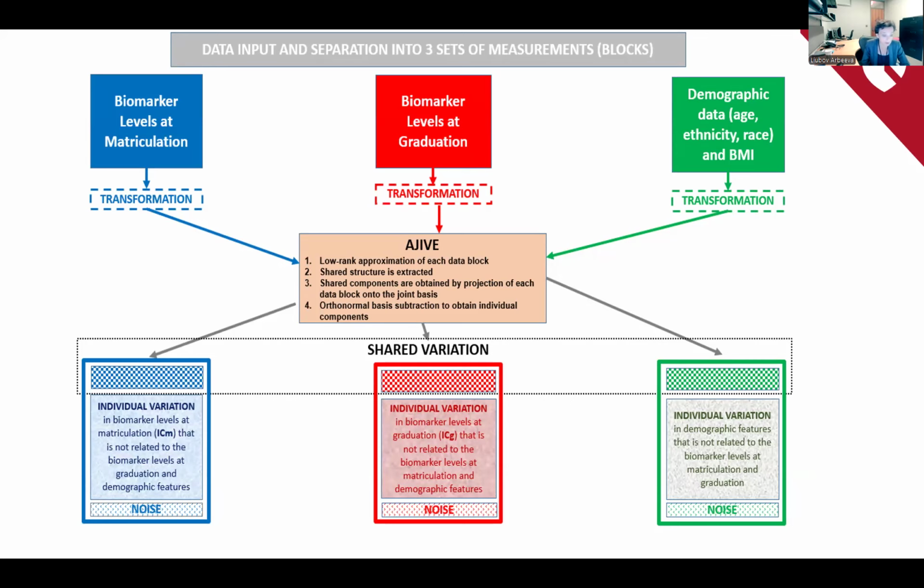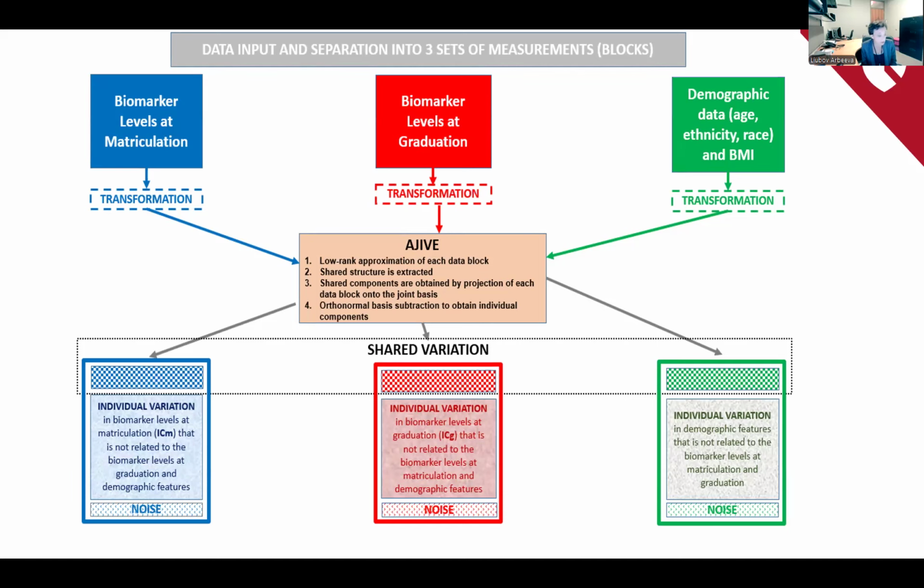Just one technical detail, I transformed all data before AJIVE, so all measures would be on the same scale and normally distributed. The analysis framework was based on the angle-based joint and individual variation explained algorithm.